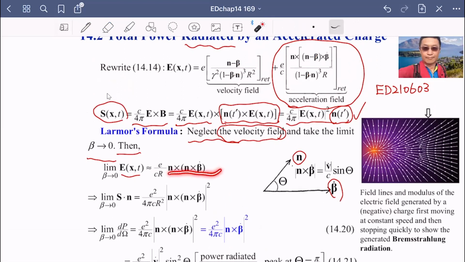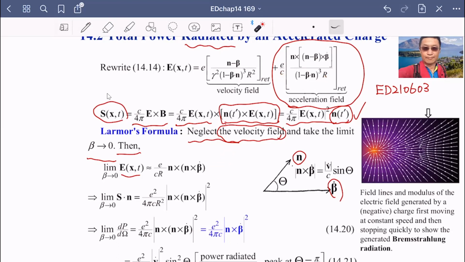Therefore, this becomes n cross beta dot. And here we have just R only, R times c, E over cR.